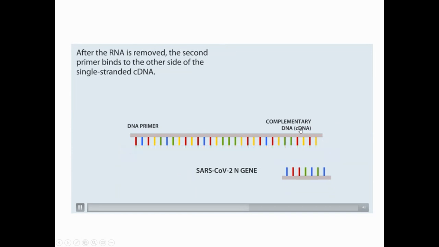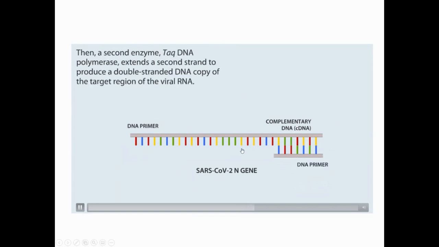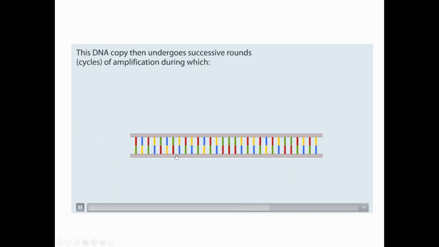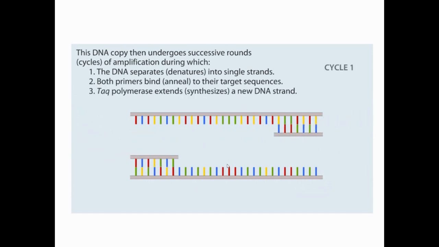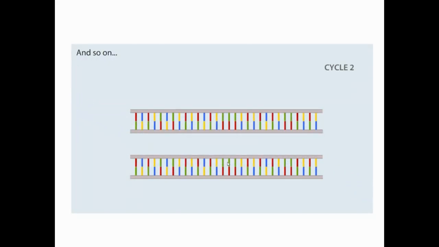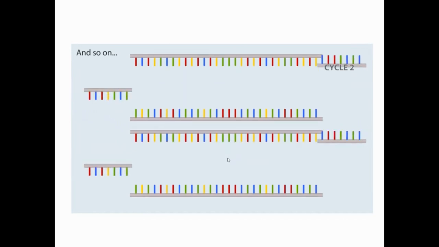After the RNA is removed, the second primer binds to the other side of the single-stranded cDNA. Then, a second enzyme, Taq DNA polymerase, extends a second strand to produce the double-stranded DNA copy of the target region of the viral RNA. This DNA copy then undergoes successive rounds, cycles of amplification, during which the DNA separates, denatures into single strands, both primers bind, anneal, to their target sequences, Taq polymerase extends, synthesizes a new DNA strand, and so on.